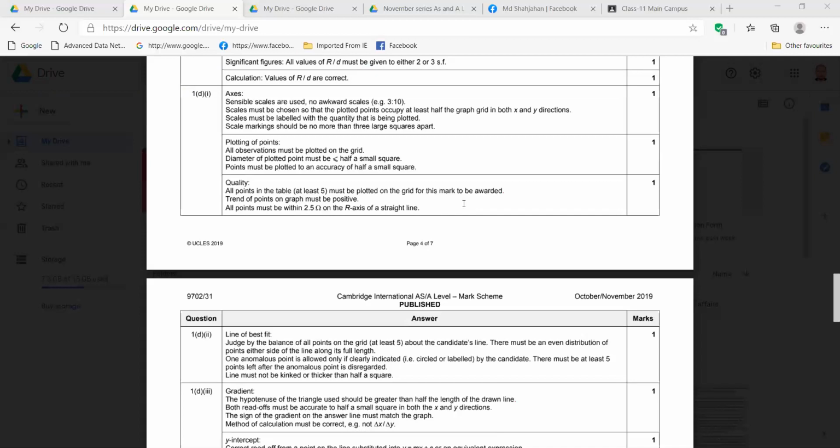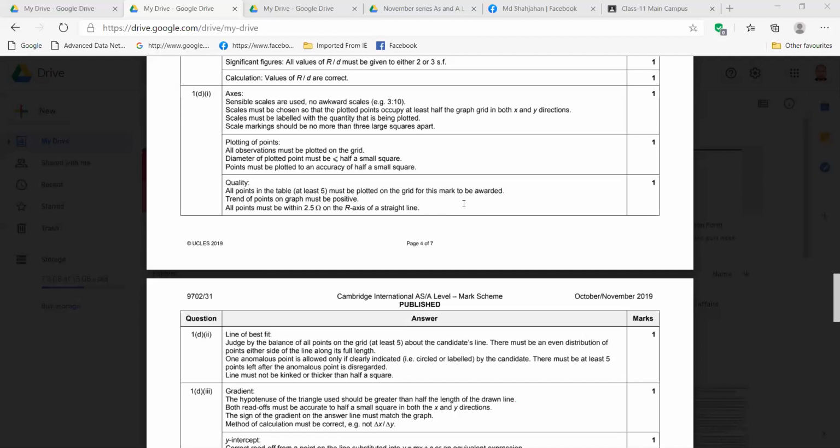So if you are plotting in a way that your value of R is moving away, for example you are getting 22 ohm, but while plotting the point you are marking it at 26 ohm, then you are away from 22.